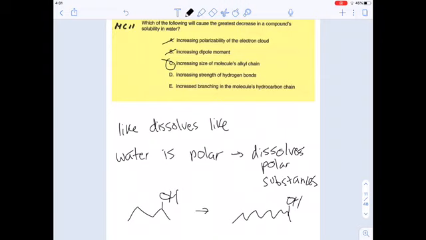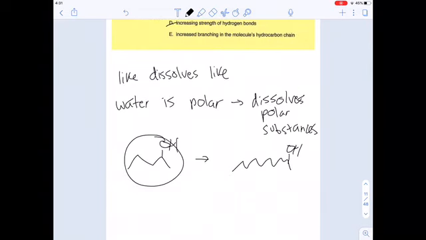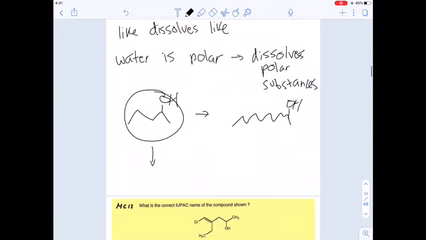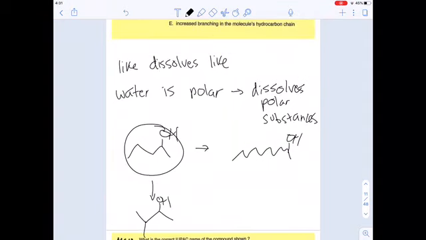And then going through the rest, increasing the strength of the hydrogen bonds is actually a good thing. That will definitely make it easier to dissolve in water because water likes H bonding. Increasing branching in the molecule's hydrocarbon chain. Okay, so this is not the same thing as saying you're adding more carbons. Say you have this molecule here, then you're increasing the branching, so you would be doing this.